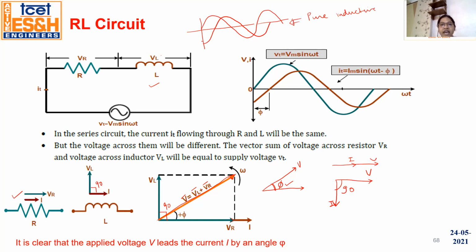Now, when resistance is added, what happened? The angle is somewhat less than 90 degrees. That is phi. Now the current waveform does not lag behind the voltage by exactly 90 degrees. Clear? So this is the basic thing about the RL circuit.